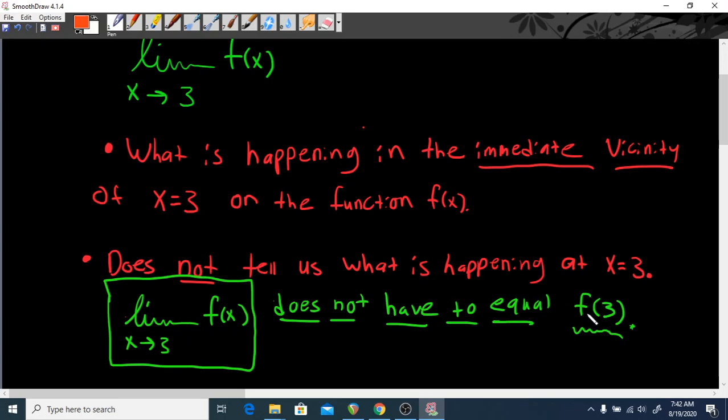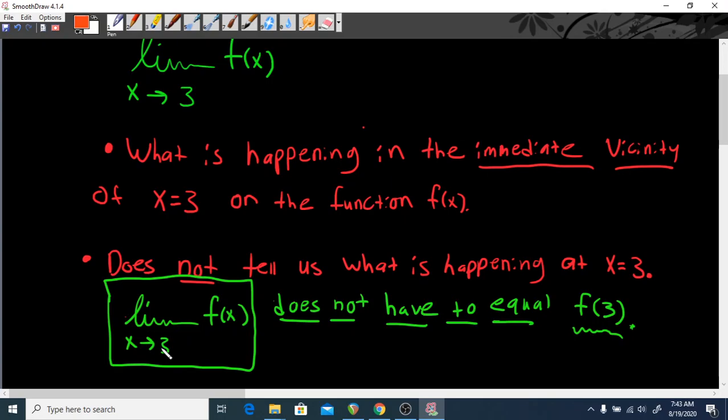Okay, and the limit as x approaches 3 does not have to be the same as f of 3. In fact, they have nothing to do with each other. I'm going to say that one more time because it's important. The limit and its existence and whatever its value is has absolutely nothing to do with f of 3.